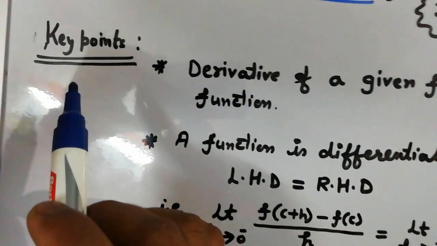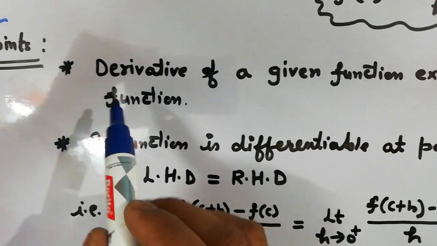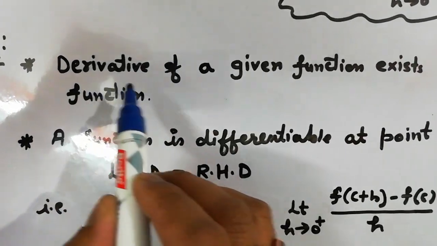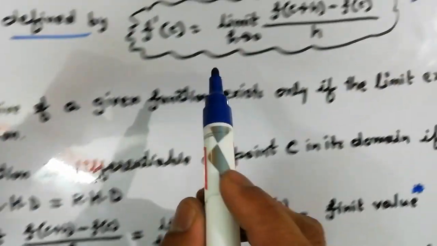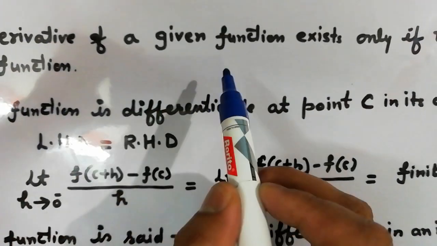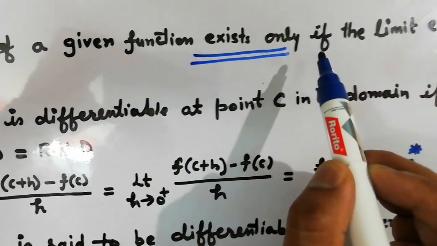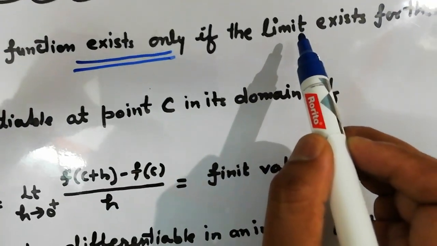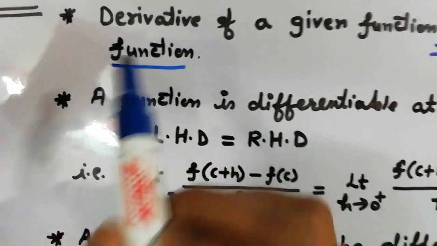Here are some key points that you should note down. Very first point: the derivative of a given function exists only if the limit exists for that function.